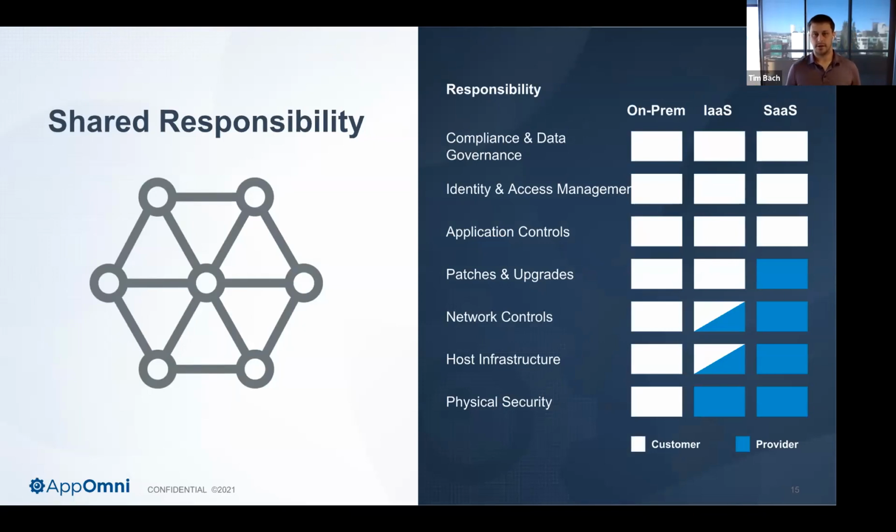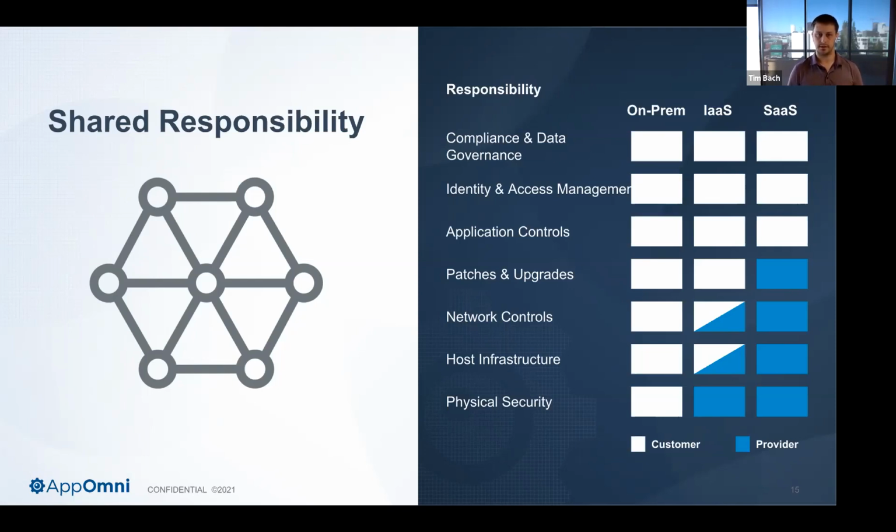So, shared responsibility model, again, something that I don't think is going to be novel to anyone on this call, but I've laid this out here as a quick visual reference to how the shared responsibility model differs across different pieces of technology. On-prem, obviously it is all our responsibility.